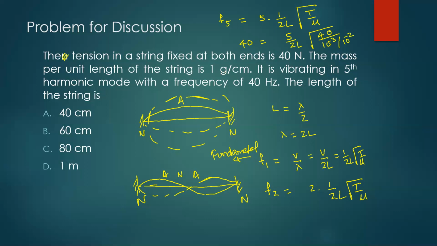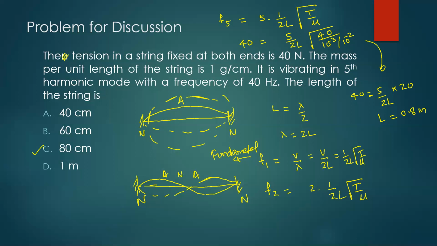I think that would be 400 inside the root. So 40 is equal to 5 by 2L, and then I get 20. So L comes out to be 0.8 meters. The length will be 80 centimeters.